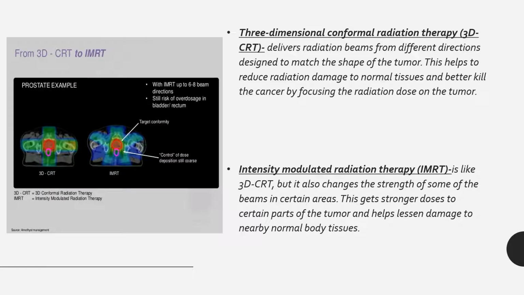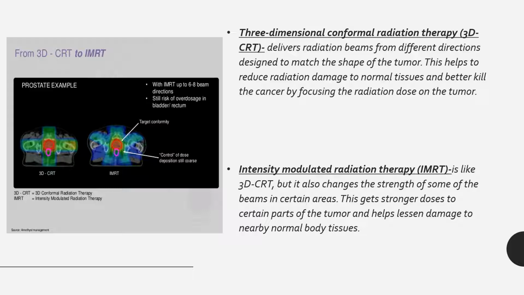The first we're going to start with is three-dimensional conformal radiation therapy, also known as 3D CRT. It delivers radiation beams from different directions designed to match the shape of the tumor. This helps to reduce radiation damage to normal tissues and better kill the cancer by focusing the radiation dose on the tumor. The next is intensity modulated radiation therapy, IMRT.